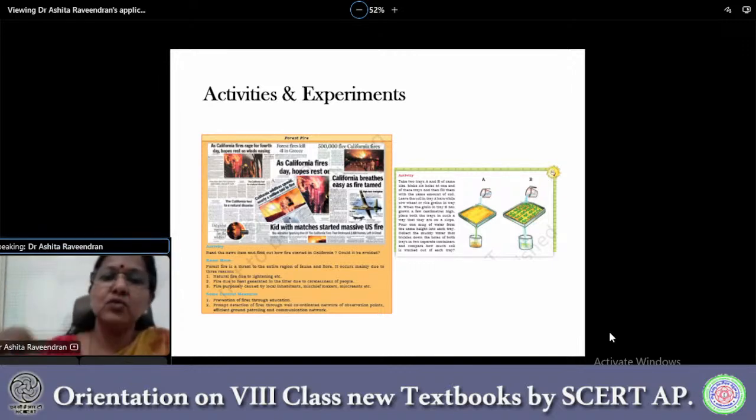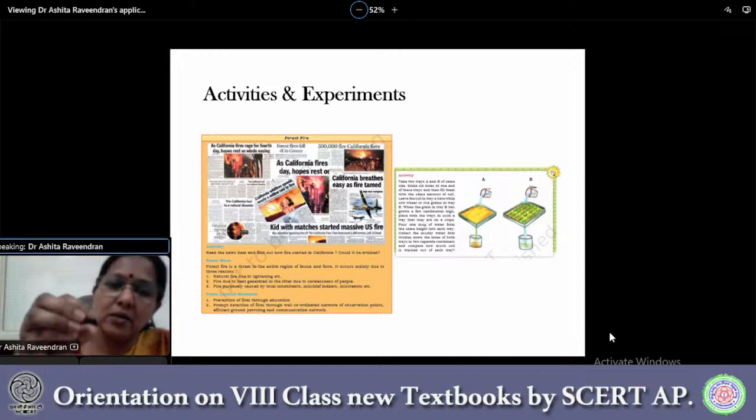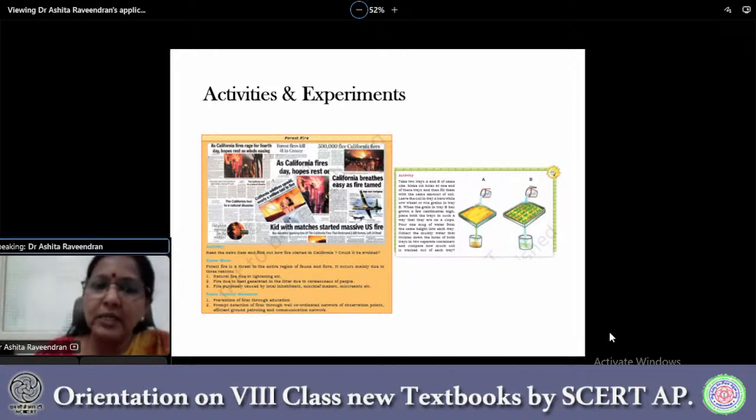Various newspapers have reported in different manners, and looking into these newspaper reports, the child is required to write what could be the reason for the origination of the fire and how it can be avoided. So this gives an understanding about how the newspaper is reporting about the fire, and what the facts related to the California fire are, and how this can be avoided.